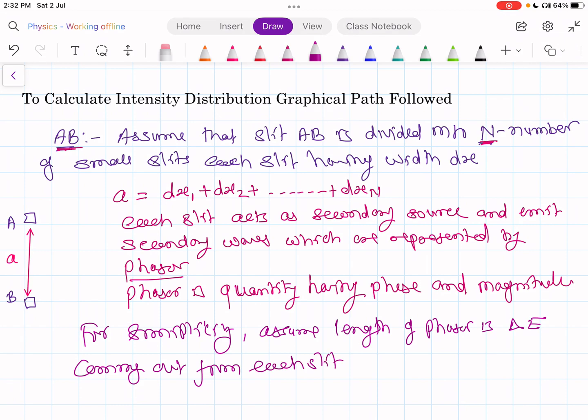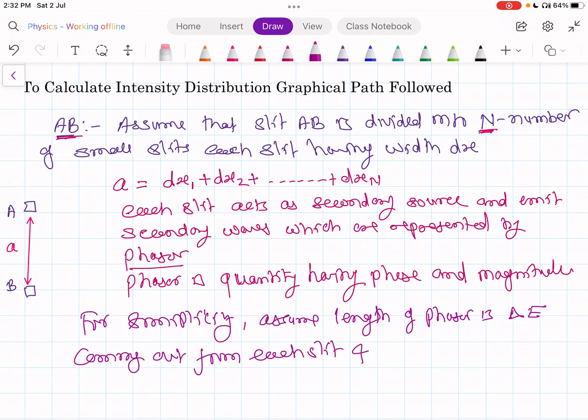That means each slit emits one phasor of length delta E, and adjacent phasors are out of phase by delta phi. Each phasor emitted from the small slit has magnitude delta E, and the phase difference between adjacent phasors is delta phi.